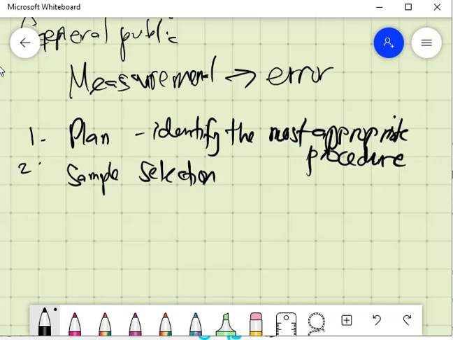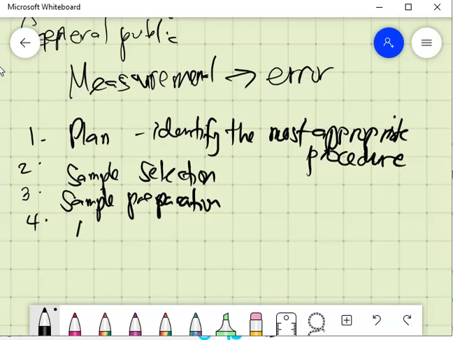So you have to select the sample properly, and you have to do research, of course. And then we have sample preparation. If I use the roots, do I just grind it, or do I need to boil it, or do both, grind it and then boil it, or boil it and then grind it? You have to think about how to prepare the sample in order to obtain the best, the most reliable answer. Okay?